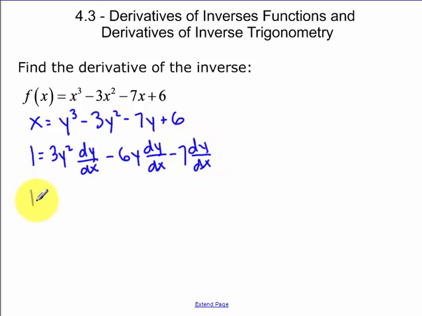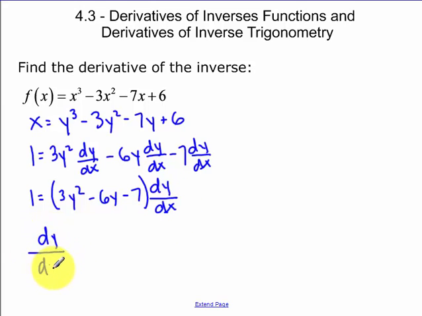Factor out your dy/dx, and then divide. So dy/dx, the derivative of my inverse, is 1 over 3y squared minus 6y minus 7.